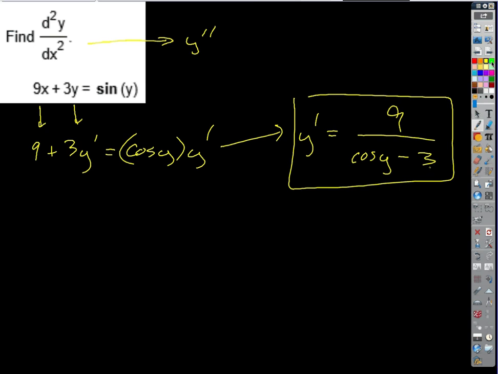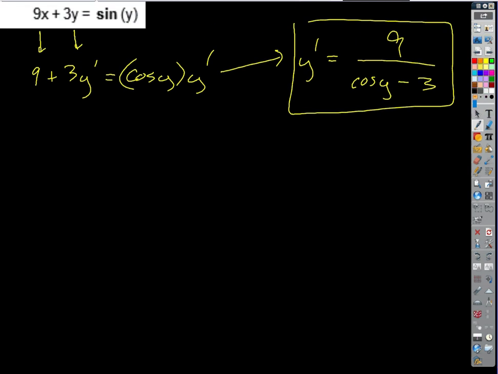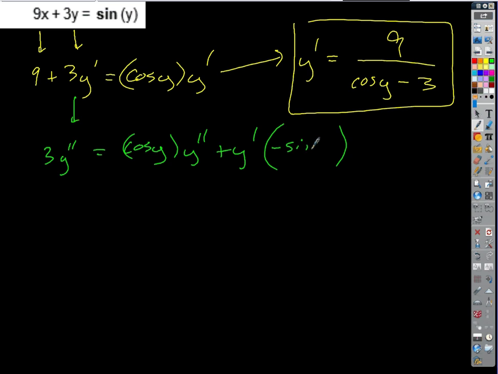So if we were just to continue on from this step here and differentiate implicitly again, derivative of 9 is 0. Here I'm going to get a 3 y double prime, good, equals, now here I've got a product, right? So I've got to do product rule. That's okay though. So I've got cosine y times, okay, good. So the first times the derivative of the second plus the second times the derivative of the first times y prime.